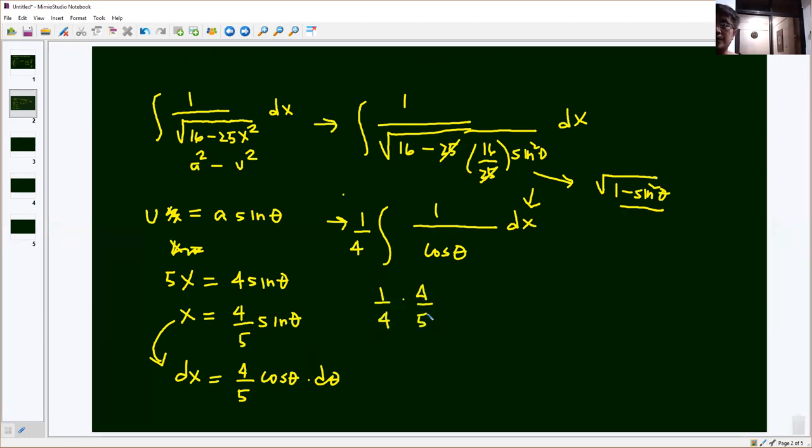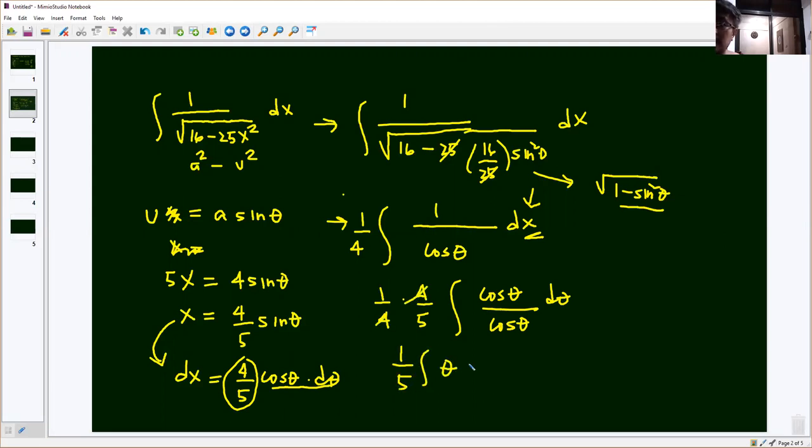Nilalabas ko na yung constant. Cos theta d theta. And then yung kanina pang cos theta. So, simplifying, magiging 1/5 integral d theta. Tama ba?